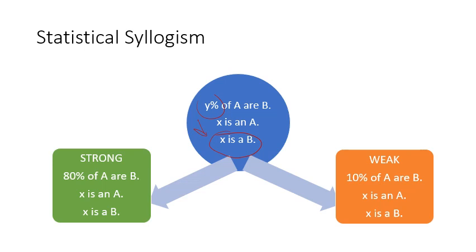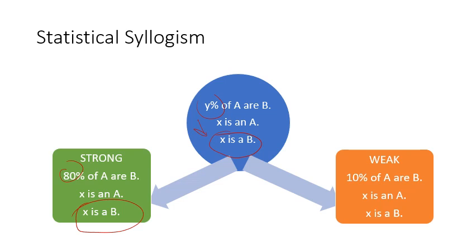Over here is 80% on the left in the green box: 80% of A's are B's, X is an A, therefore X is a B. We say that this argument is strong because you have an 80% chance of being right, and that's pretty good. If those two premises are true, the conclusion is probably true, with only a 20% chance of being wrong.